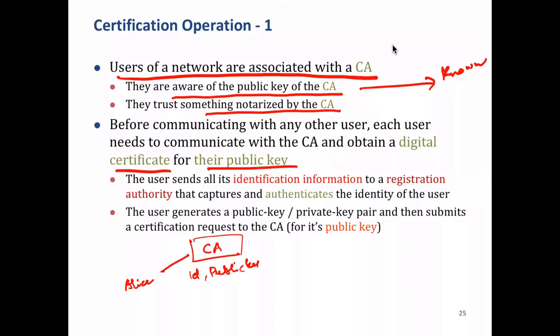Okay. Now Alice will also have somebody under him, say a registrar. So the front-ending person is some registrar or registration authority, and that will validate the ID.